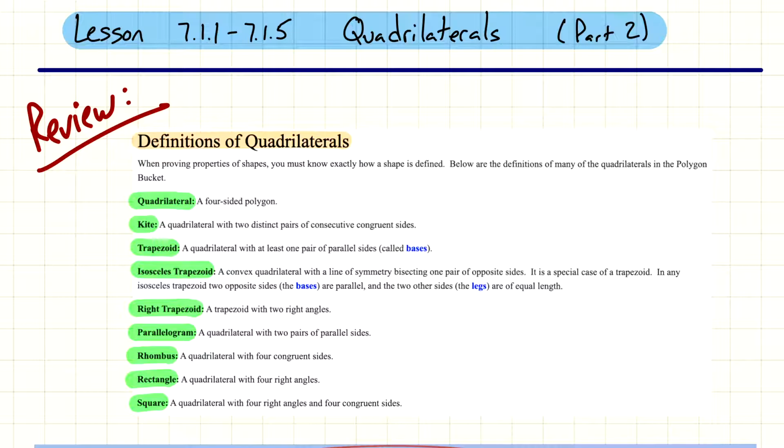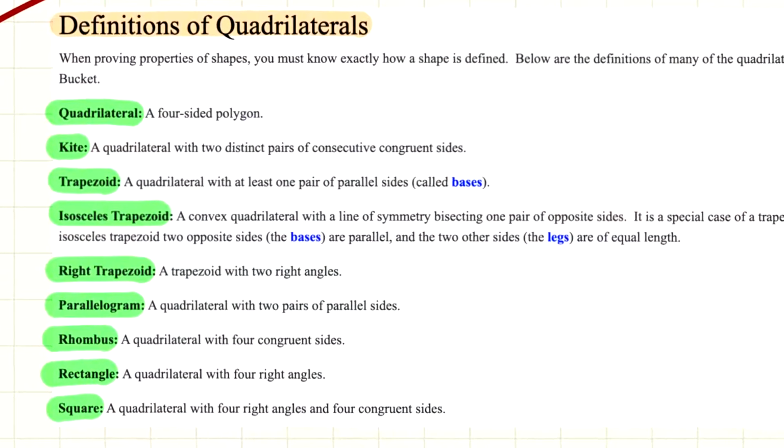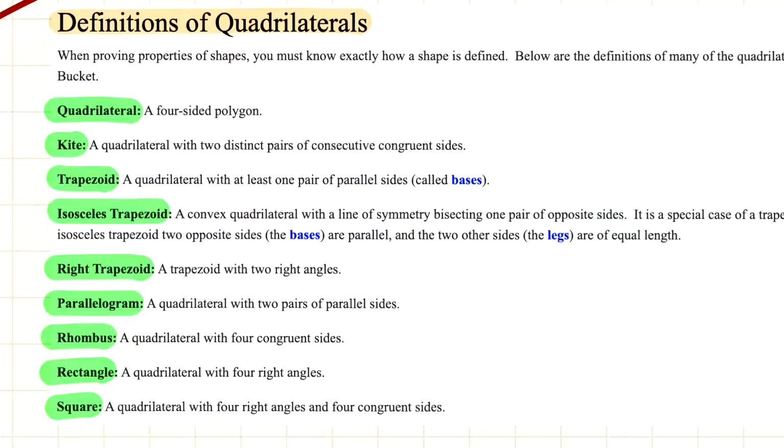Again, this is just taken from our book. We're going to be using these definitions moving forward. So something you definitely should be able to do is tell me what the definitions are of these shapes. So this is a good test question, a very simple test question.